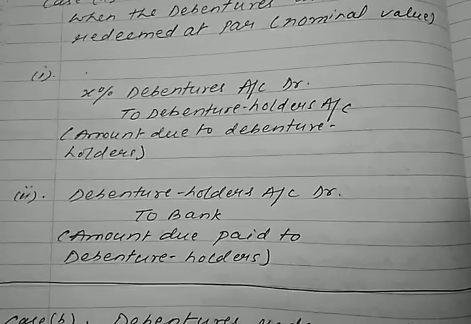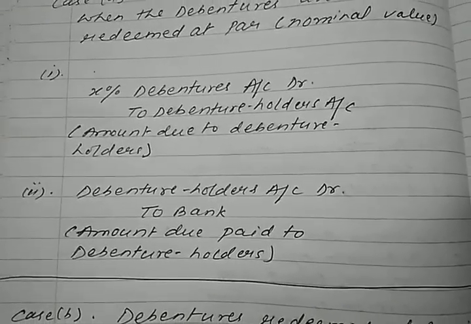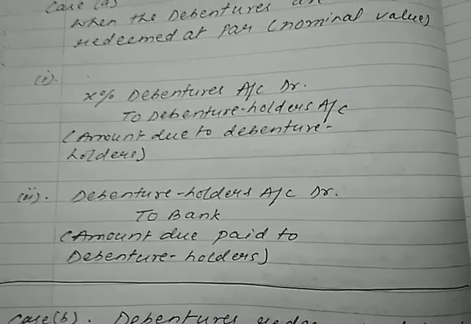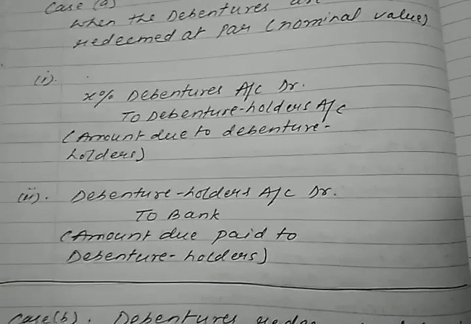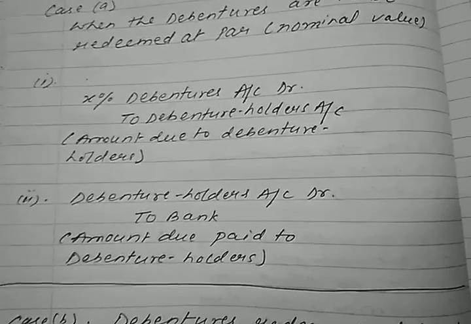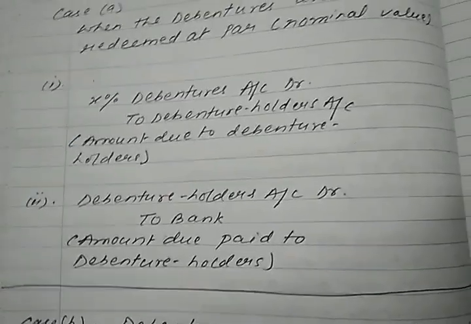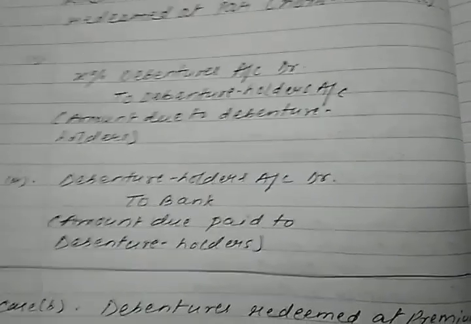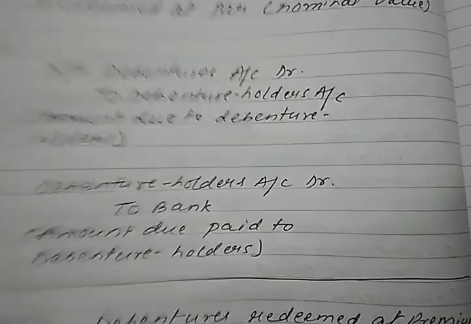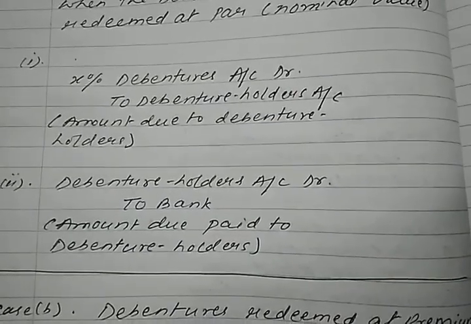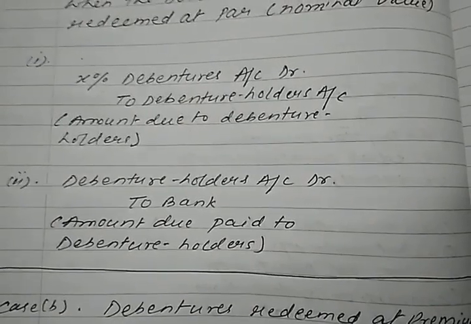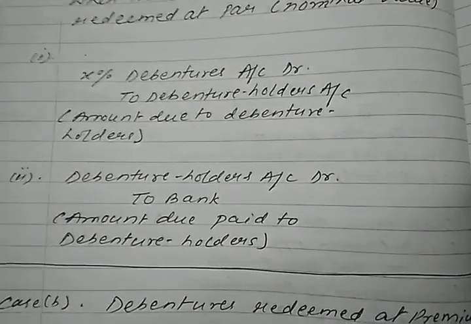Now in the very second entry, whatever amount due is there in the first journal entry, that amount will be repaid or paid to the debenture holders. When the amount is paid to the debenture holders, then debenture holders, that is our liability, will decrease.